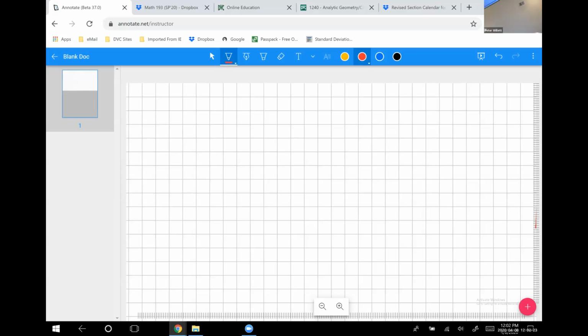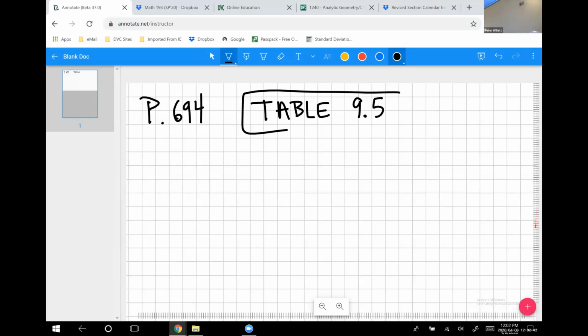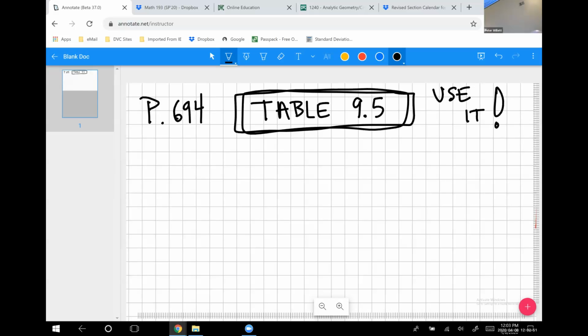So let's finish up by taking a quick look at page 694. This is right before the exercise set at the end of 9.3. They have a table, and I'm going to draw your attention to this as much as I can. Table 9.5. Use it. Think about it.